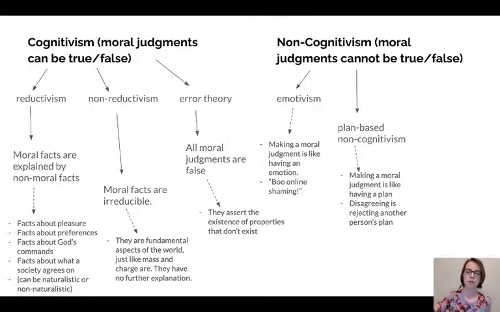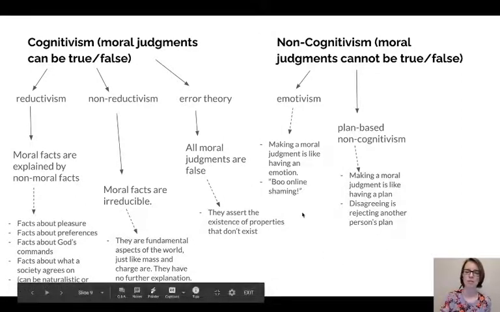So many people in metaethics are interested in explaining what's going on when people engage in moral disagreement. Are they disagreeing about facts or not? And if you're a non-cognitivist, then you might say that, well, maybe disagreeing in the context of moral debate is just a kind of rejecting another person's plan.